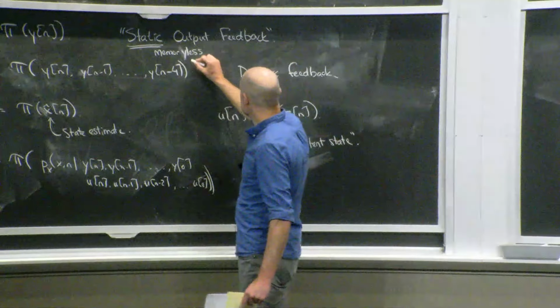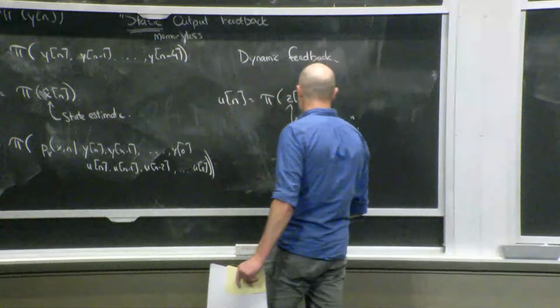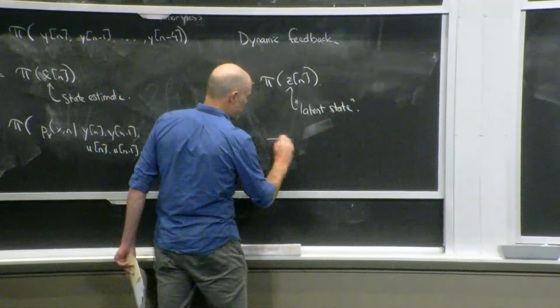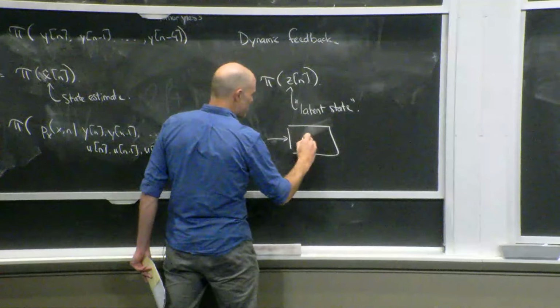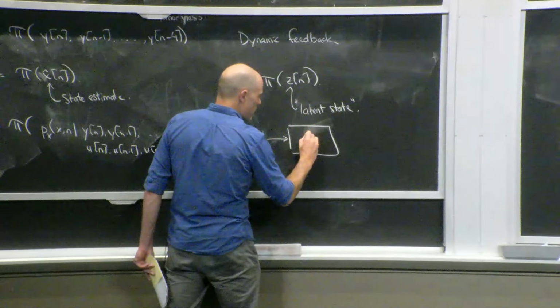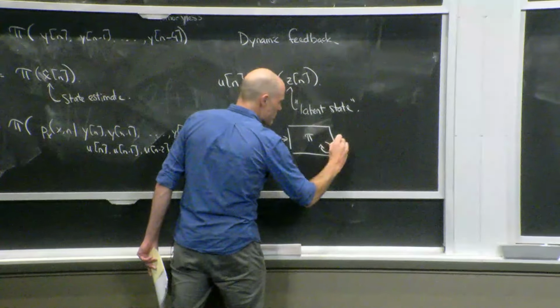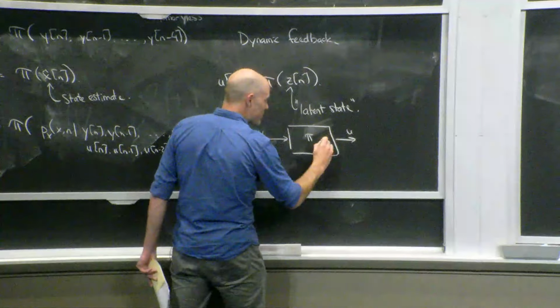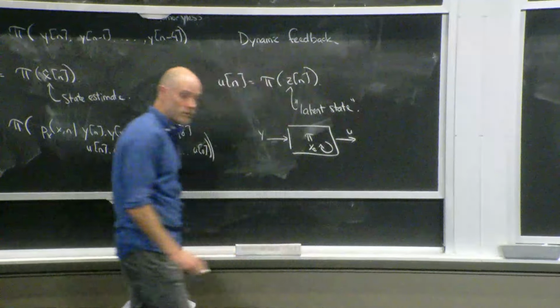So all of these, all of 2 through 4, are dynamic controllers, in the sense that I want to shift this view from pi of x, static, with y coming in, to now being a dynamical system, u, that has its own internal state. Maybe I'll call it x controller here, okay?